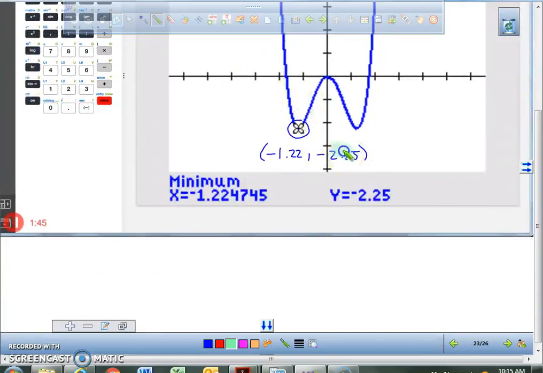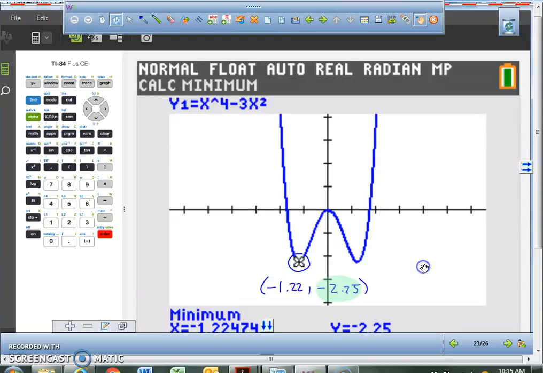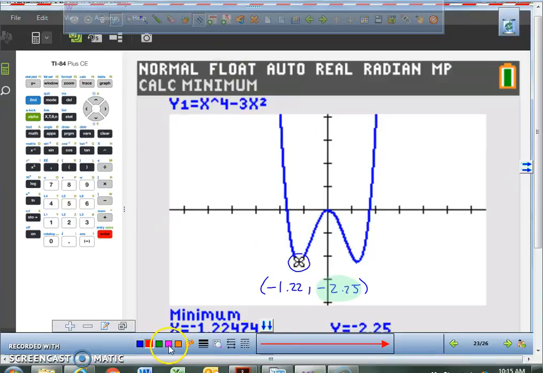One of them is just a negative, one of them is a positive as far as the x values. Okay? What type of symmetry does this have? Across the y-axis. Okay, it has line symmetry.